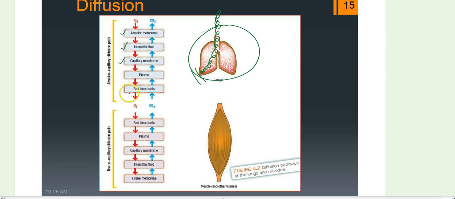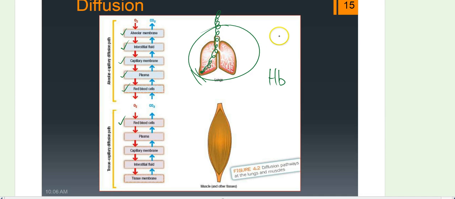It will cross the capillary membrane into the plasma, attached to red blood cells. Now it attaches to hemoglobin, which is in the red blood cell. The red blood cell then transports it to the working muscle.